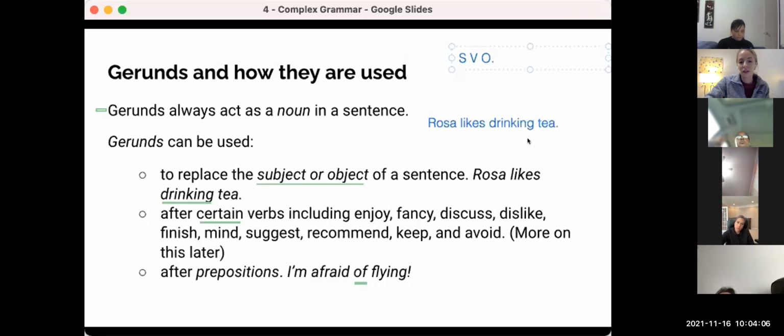In this sentence, Rosa likes drinking tea, our main verb is likes, our subject is Rosa, and drinking tea is the object. It's the activity that she likes.